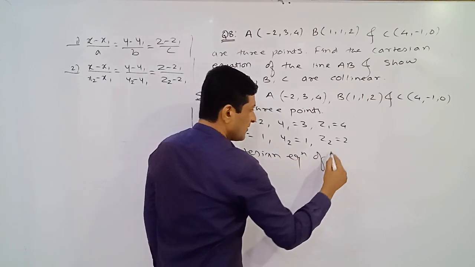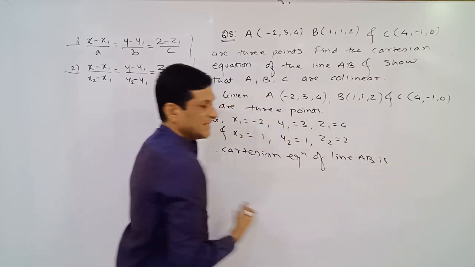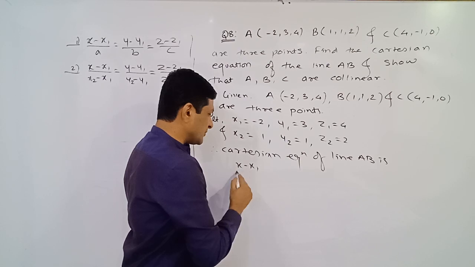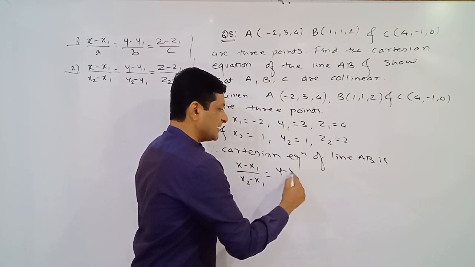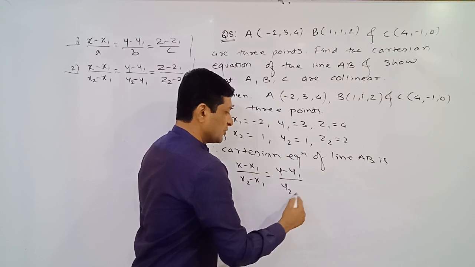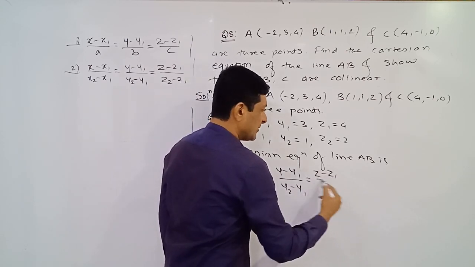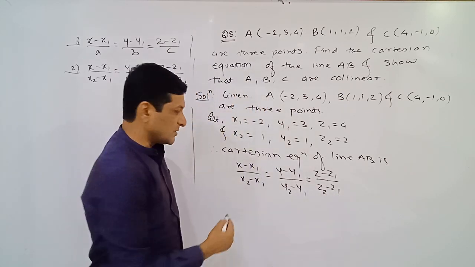So therefore, let us try to find the Cartesian equation of line AB. What is the formula? (x minus x1) upon (x2 minus x1) is equal to (y minus y1) upon (y2 minus y1) is equal to (z minus z1) upon (z2 minus z1). Now the remaining part is just to substitute the values.